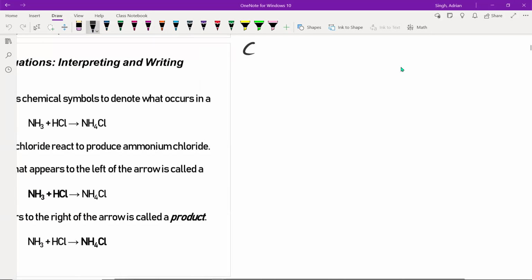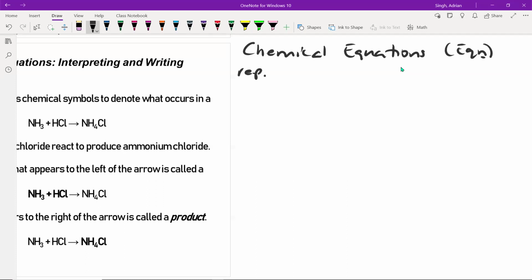We can say that chemical equations, and we'll abbreviate equations from this point onwards as EQN, represent chemical reactions, which are just chemical changes. And remember, we abbreviate chemical reactions, or reactions generally, as rxn.